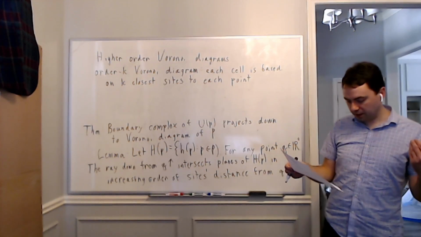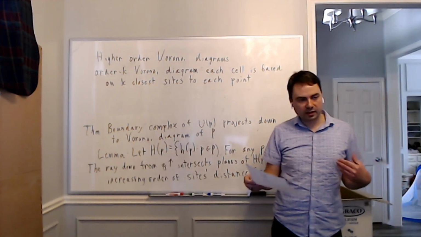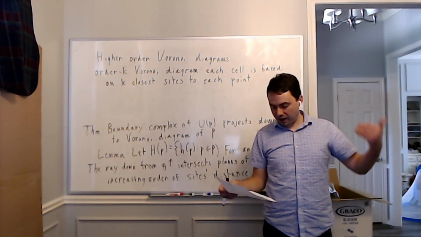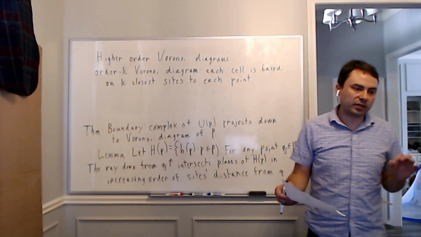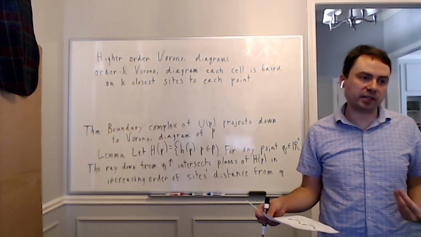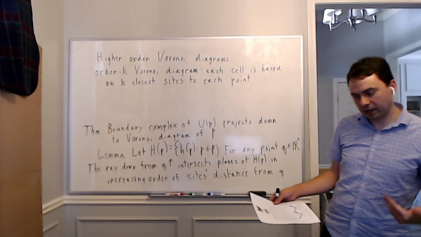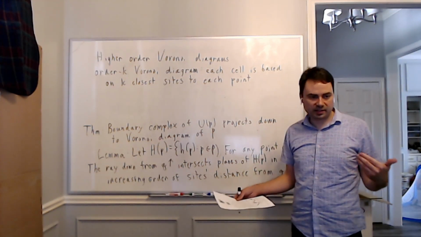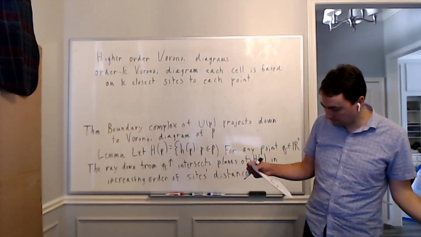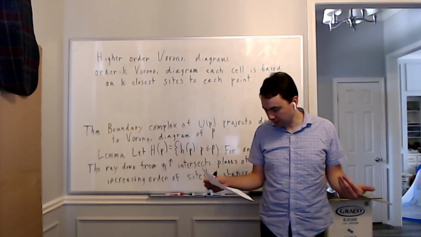So for example, order 2 Voronoi diagrams, you could take every cell and you could label them with which pair of sites are the closest to the points within the cell. In order 3 Voronoi diagram, you could label every cell with the 3 sites that are closest to the point. Okay.